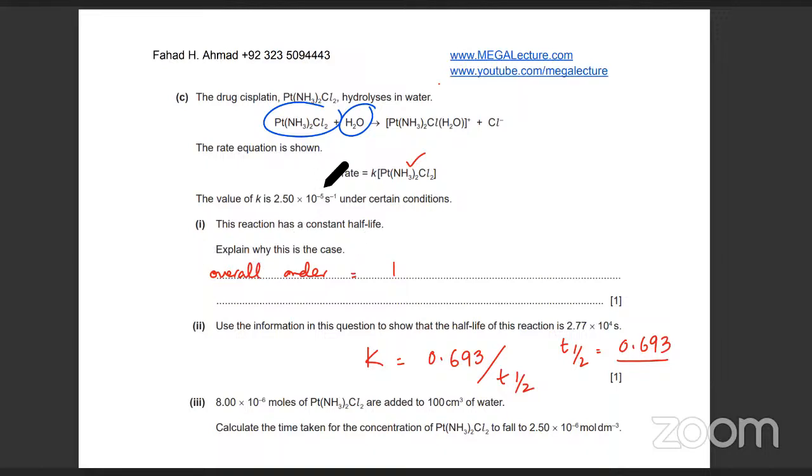This is given over here. That's 2.5 times 10 to the power minus 5. So, are you getting the same number? Sir, is it 27720? Yeah.